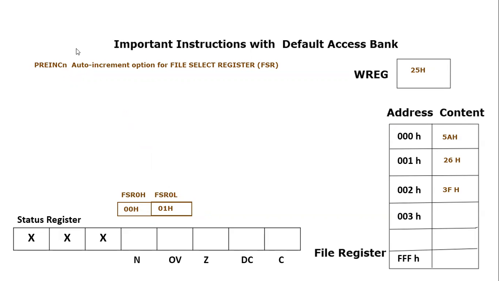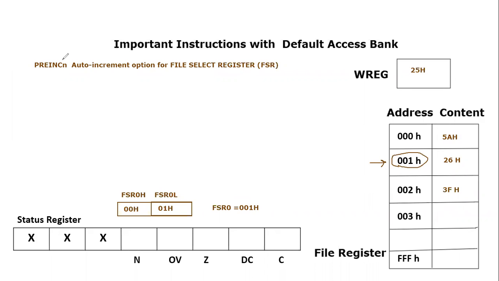So you can say that FSR0 in total has the address 001 hex, which is pointing to this specific address. That means FSR0 is currently pointing to this file register address whose content is 3F hex.